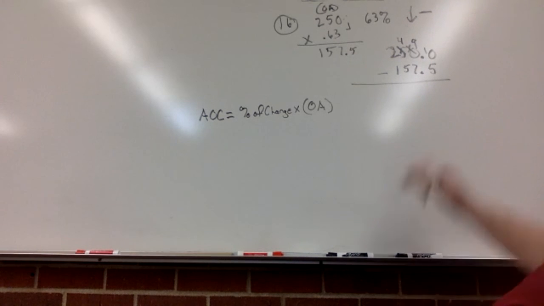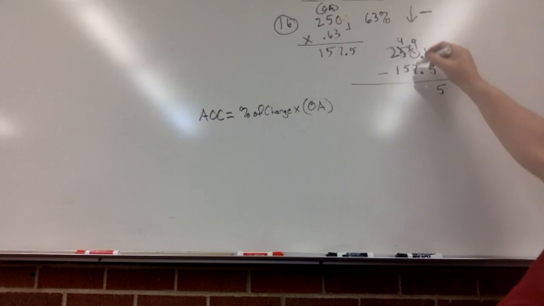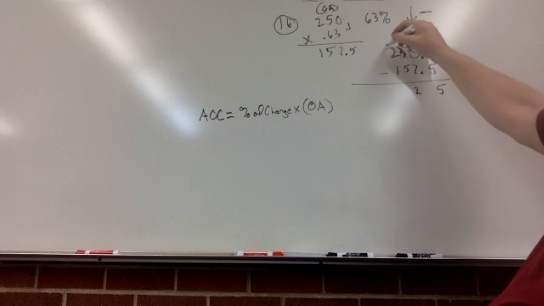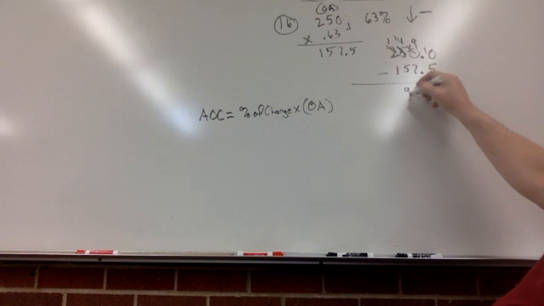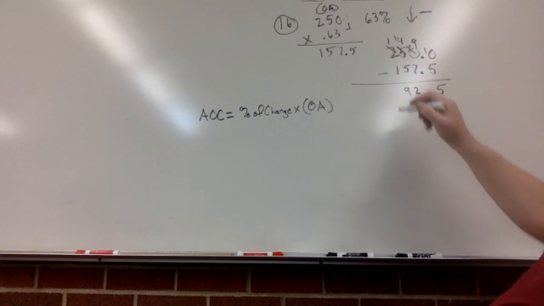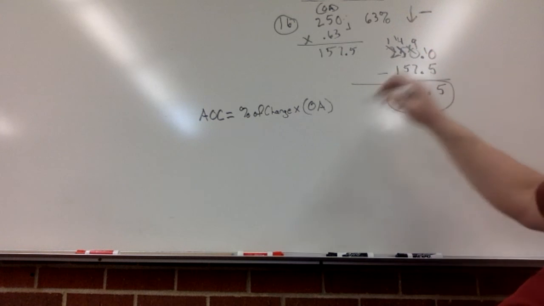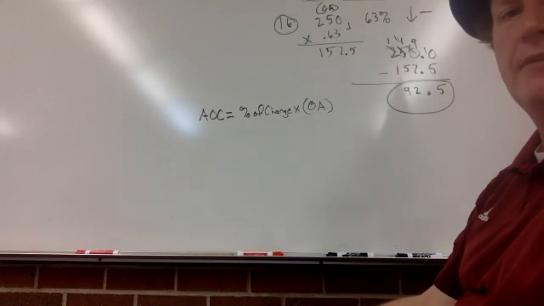And so now my 0 after the decimal has 10. 10 minus 5 is 5. 9 minus 7 is 2. I can't take 5 from 4, so I have to borrow. And so 14 minus 5 is 9. 1 minus 1 is nothing. So my new number is 92.5.